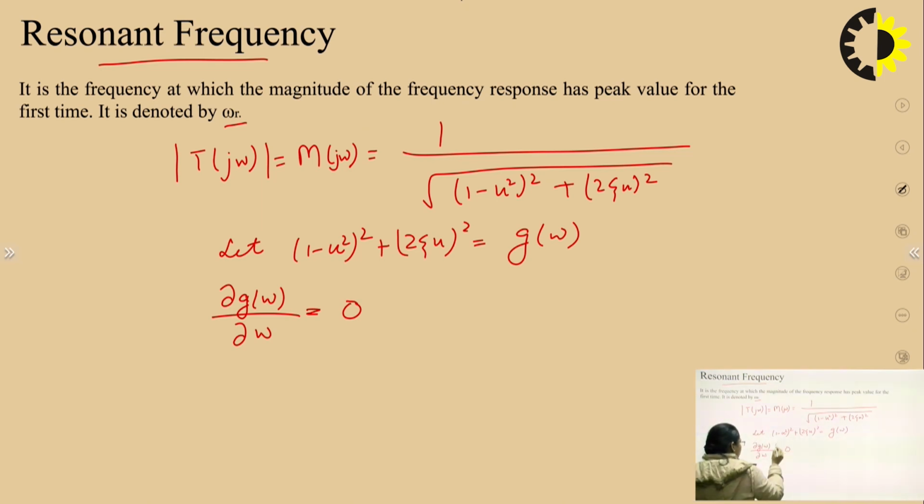So let's do it. So differentiation of this term with respect to omega. Okay, so I have to put it back in terms of omega and omega n. Then only I'll be able to do it.